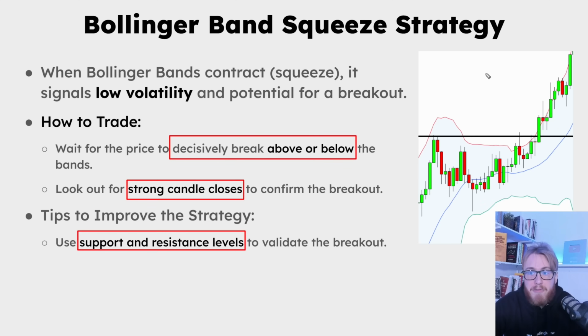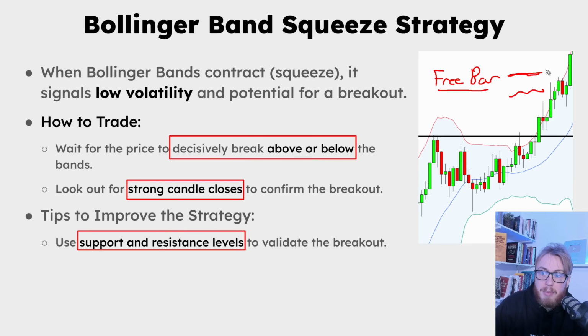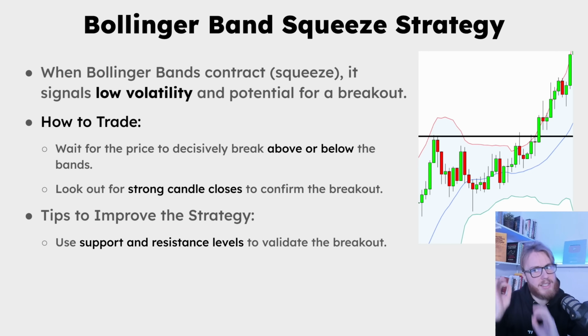Remember the free bar strategy we talked about earlier is actually a form of breakout where, if this right here is the Bollinger Band and we get a candle completely outside, this is a form of breakout, right? But this is a form of extreme breakout that can actually indicate a reversal. So it's very important that there are nuances to this.